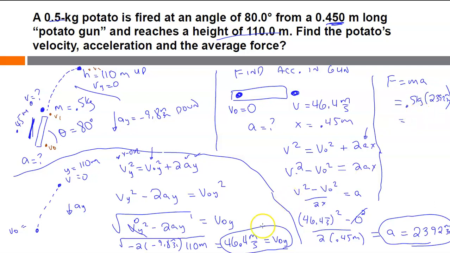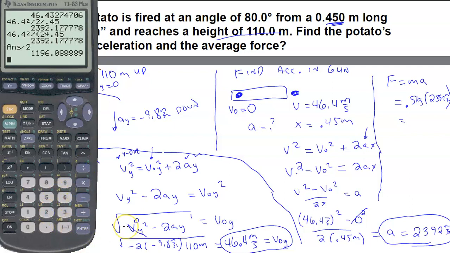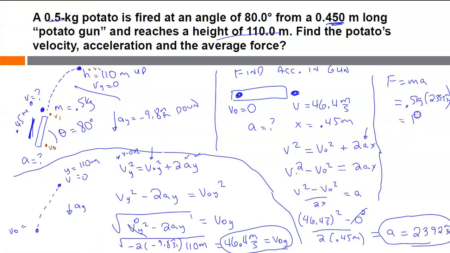And I'm looking at about, divided by 2 here, or times 0.5, 1196 newtons. Okay, kilogram times a meter per second squared is a newton. All right, so there's all 3 parts of that.